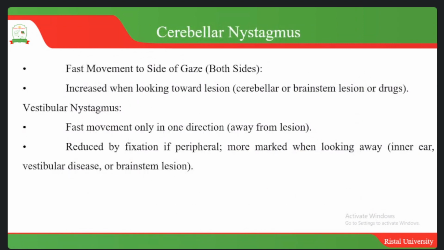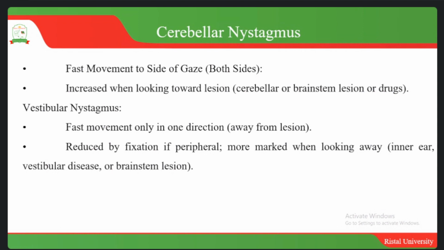Then the cerebellar nystagmus: fast movement to the side of the gaze, both sides. So the patient is able to move the eyes to those different sides very fast, and it is increased when looking toward the lesion. Cerebellar or brainstem lesion, or drugs. So this can be due to this problem.